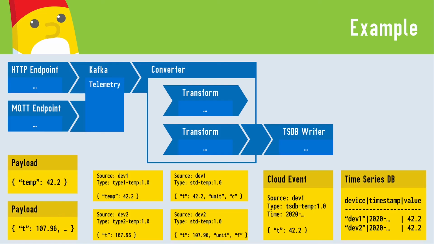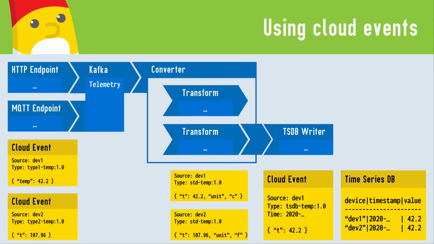But let's go back a few slides and look at what would change if we used Cloud Events from the start. Not too much would change. We would still have the issue of converting the payload, as most devices would probably still send their different payload formats. Also, the endpoints would still need to take care of some things like authentication and authorization of devices, rate limiting, etc. At the same time, asking devices to implement a more generic and more verbose data format will put additional strain on such devices.